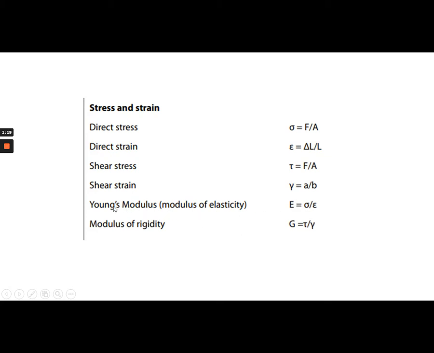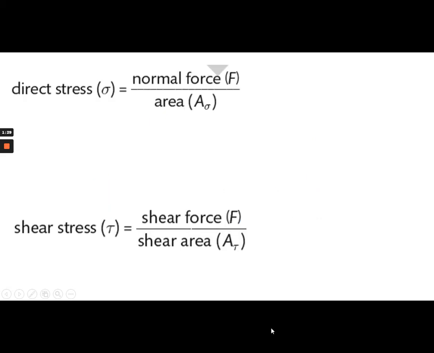So your Young's modulus is the ratio of the stress divided by the strain, and your modulus of rigidity is the ratio of your stress divided by the strain for shear forces. It seems straightforward. It's just force over area for both shear stress and direct stress. But which force to use and which area to use, that's the challenging bit, I suppose.